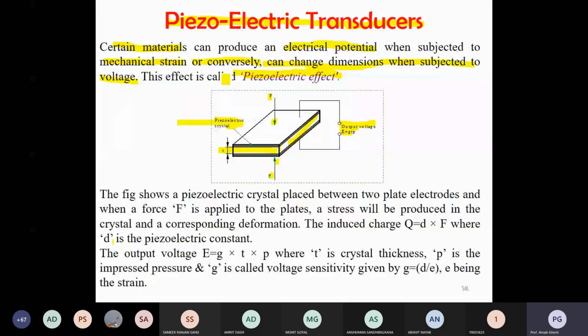From the figure, you can see the piezoelectric crystal placed between two plates of electrodes.